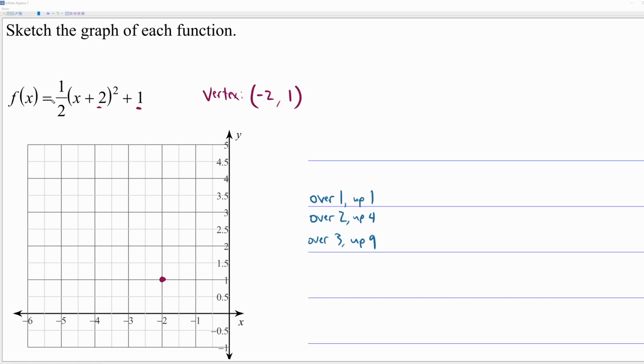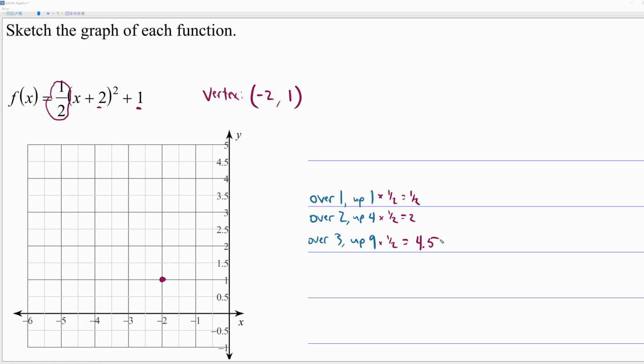So we're going to take the number 1/2, the number sitting in front, and we're going to multiply all of these values by 1/2. Since this is a positive number, we're still going to go up. We haven't turned the parabola upside down. 4 times 1/2 is 2, and 9 times 1/2, I'm not going to use a fraction, I'll just use a decimal. 9 times 1/2 is 4.5.